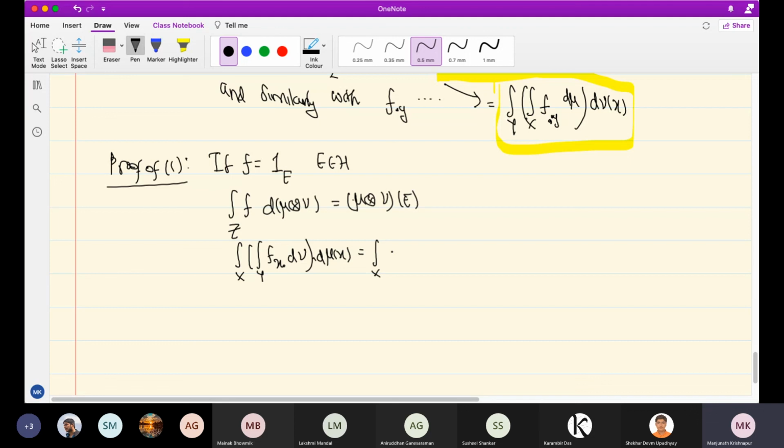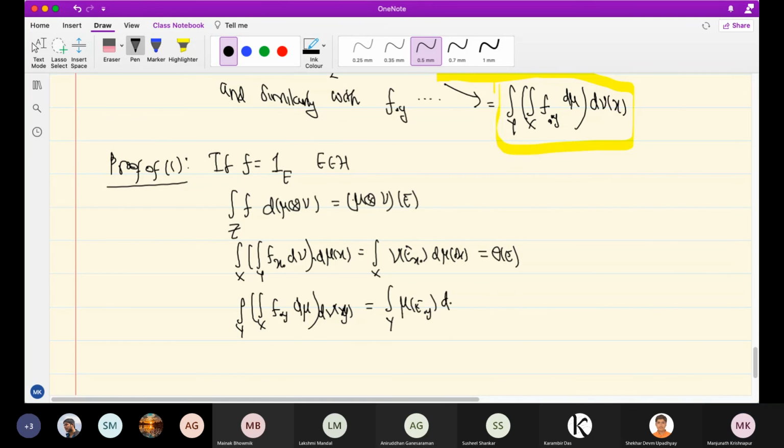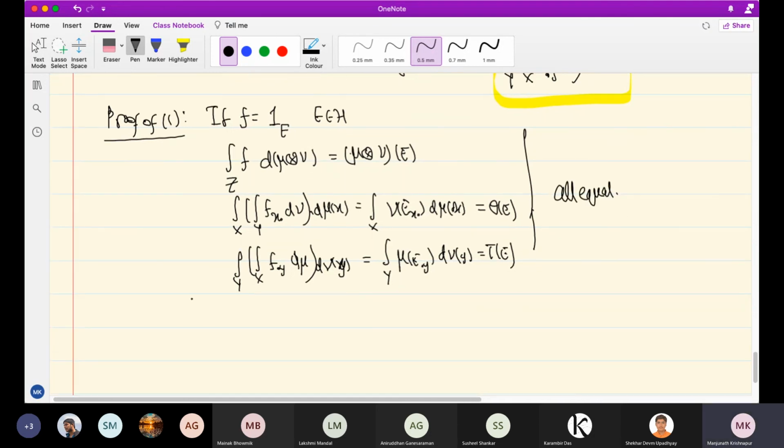This is exactly integral over x nu of E x dot d mu of x, which is what we call theta of E. And the other one, integral over y, integral over x, f dot y d mu integrated over nu of y, is actually the same as the other one, the mu of E dot y d nu of y, which is tau of E. And so we have shown all these are equal. So this is true when f is an indicator, hence the statement is true.